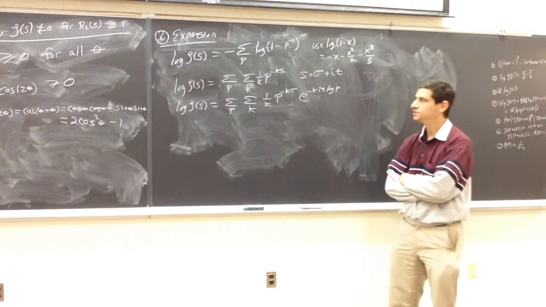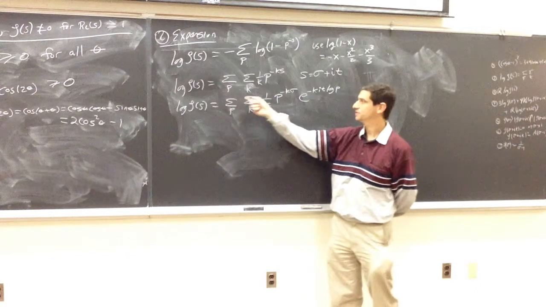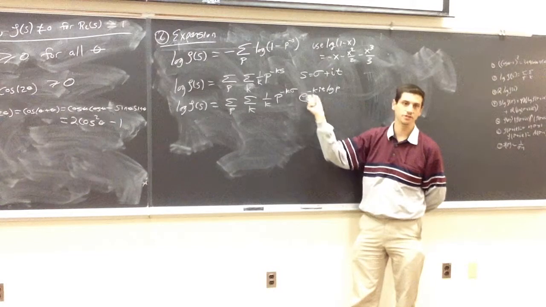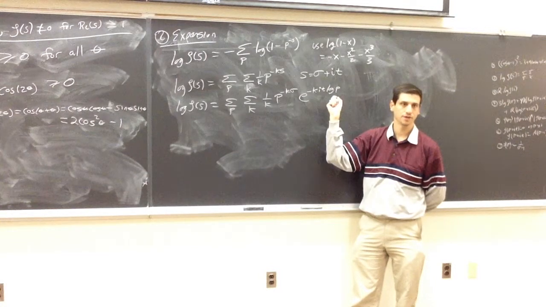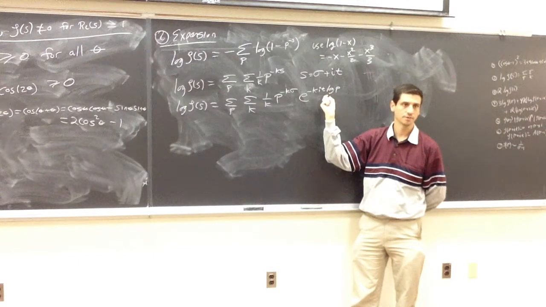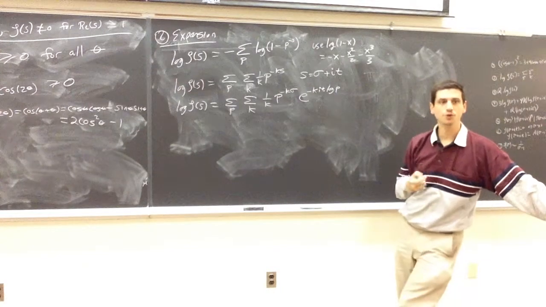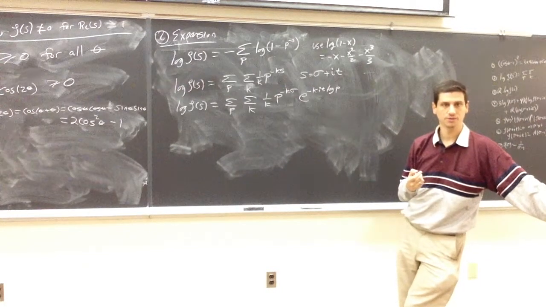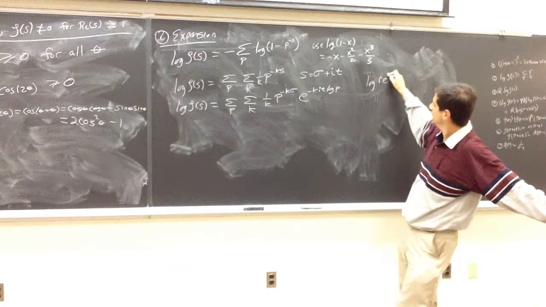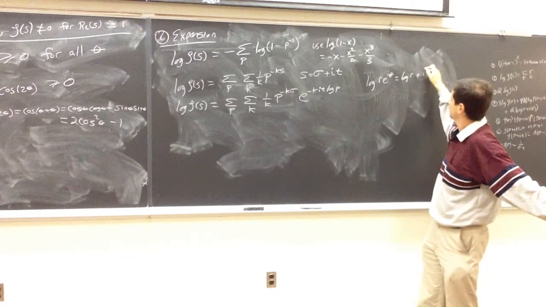So if I wanted to figure out the real part of the log, I would just have to take the real part of this. Well, the real part of this is just the cosine term here. If I want the imaginary part, I would just take the sine part here. It turns out for the logarithm, the real part is often more useful. The real part controls the magnitude. So if I look at the log of r e to the i theta, this is the log of r plus i theta.